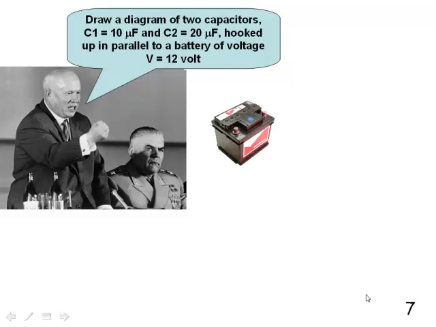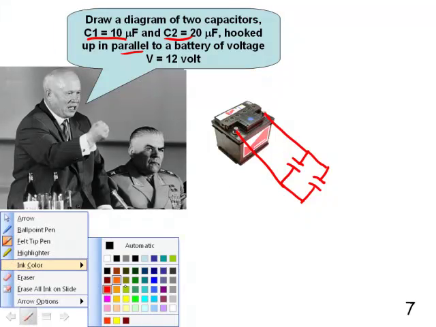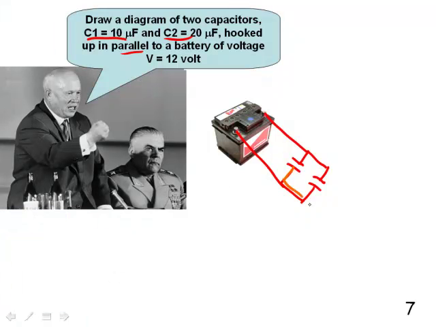Well, let's start by drawing a diagram of two capacitors that are hooked in parallel to a battery. So, in order to hook capacitors in parallel, I'm going to draw them as if they were holding hands. So the hands that they're holding are right here. See, here's one hand, they're holding one hand here, and they're holding another hand here.